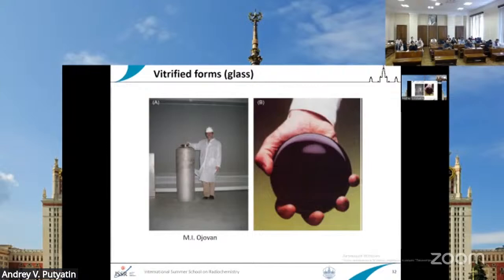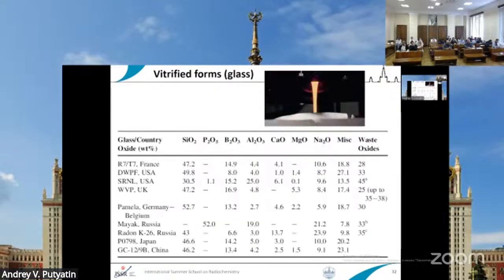So this liquid material is just poured into the barrel and solidified inside the barrel. It is like a melt of glass. And depending on the composition of the radioactive waste, we can adopt different combinations, different components of the glass.